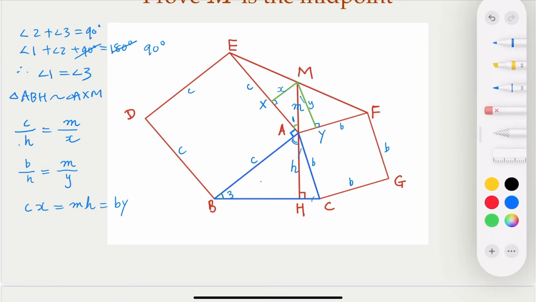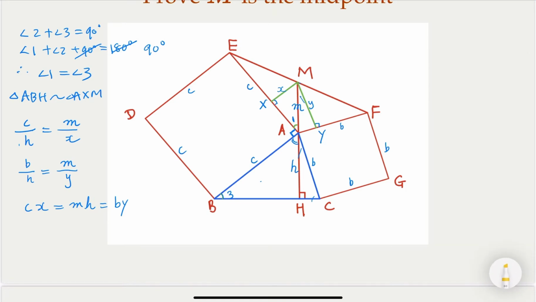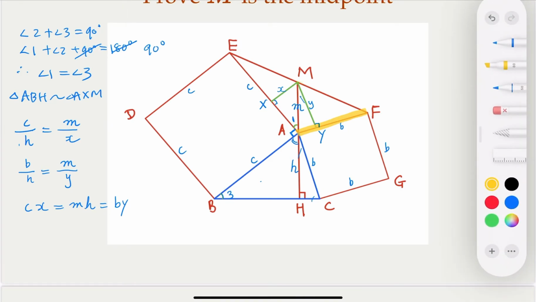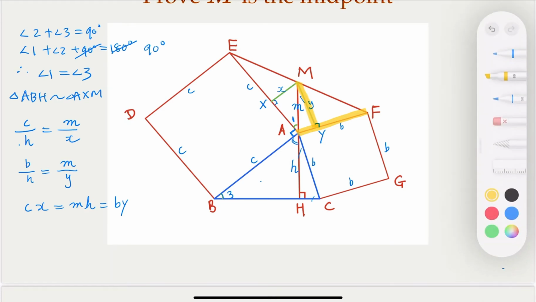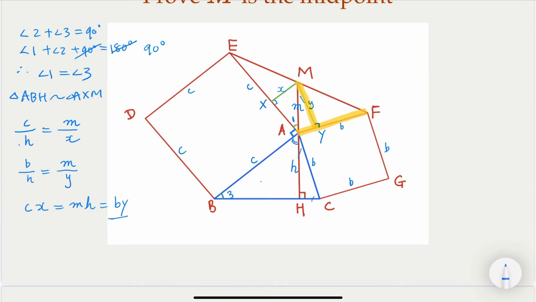So you notice that B and Y here would be the base and height of the area of triangle AMF. So BY here, let me write it here. BY here is 2 times the area of triangle AMF.